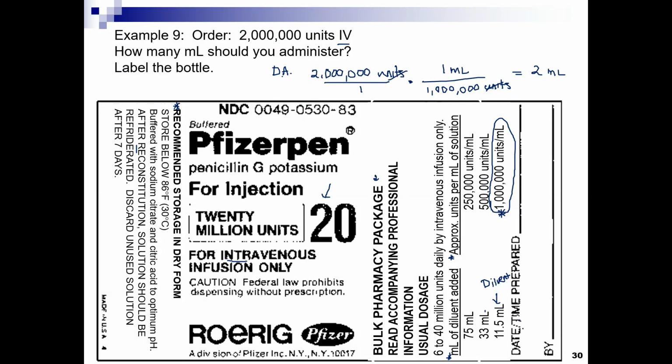We do need to put the time and date because it does need to be discarded after 7 days. I'm making this video on 8/22, and I cannot write sideways with this stylus, so I'm going to write across here 8/22, and you would put the year as well. And then the time for me right now is 10:41 a.m. I put that with the AM, or you can use the military time construct where you would just say 10:41.